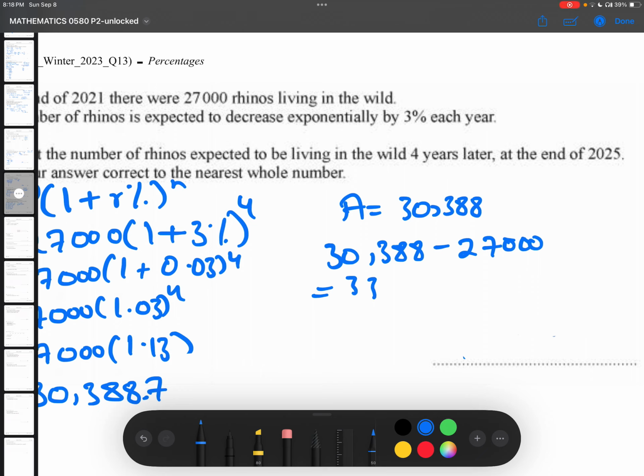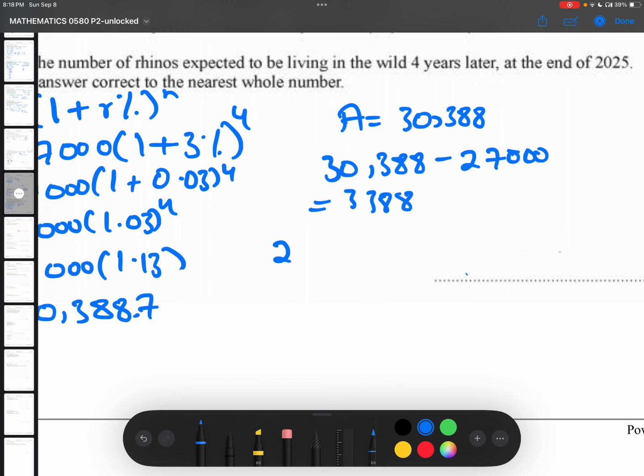So this is the compound interest of the number of rhinos, and it says the rhinos decrease. So from 27,000, this value will be decreased in order to get the number of rhinos.